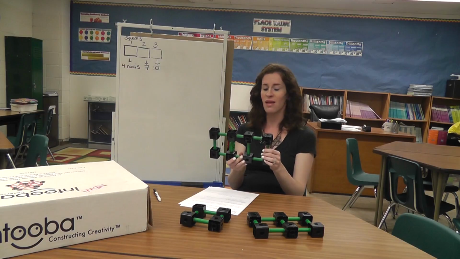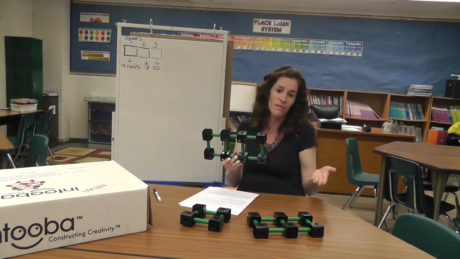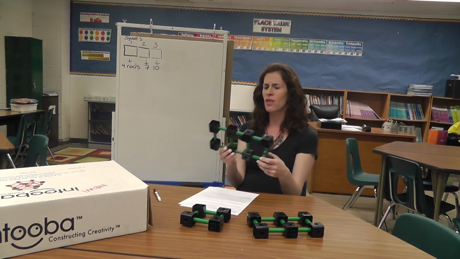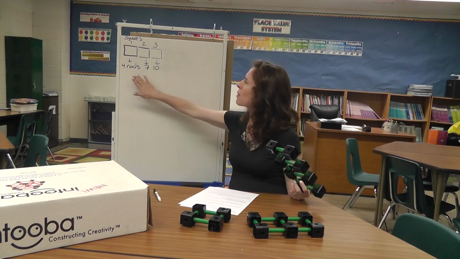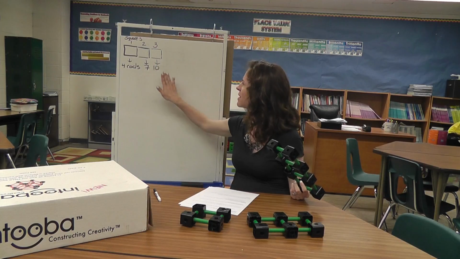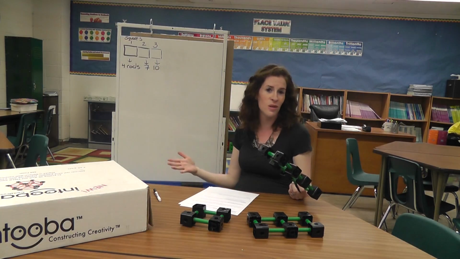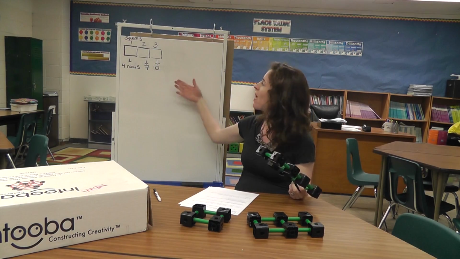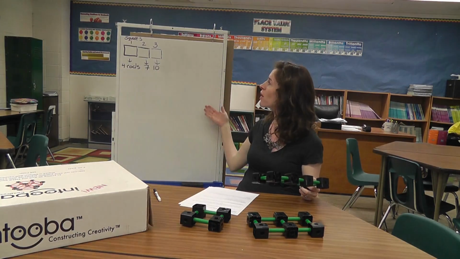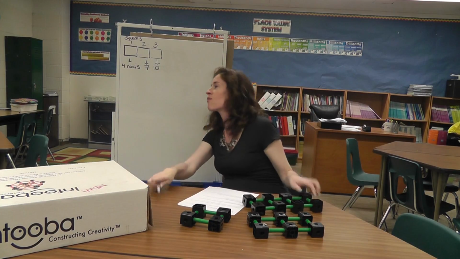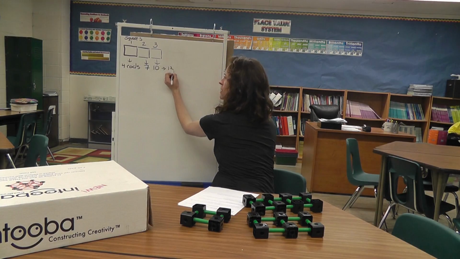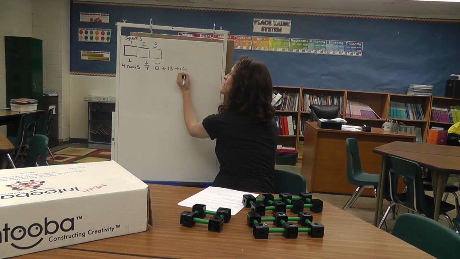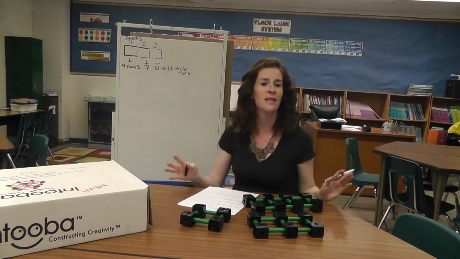There's no building involved, although you can have the kids build, but the goal is to have the kids look at the pattern and say, wait a second, I'm going from 4 to 7 to 10. Oh, it's all a difference of 3. So if I'm adding on 2 more squares, then I should go from 10 to 13 to 16. Oh, so in all, I'm going to have 16 rods.